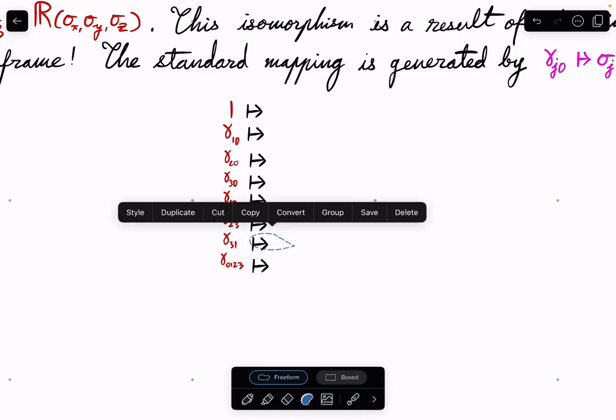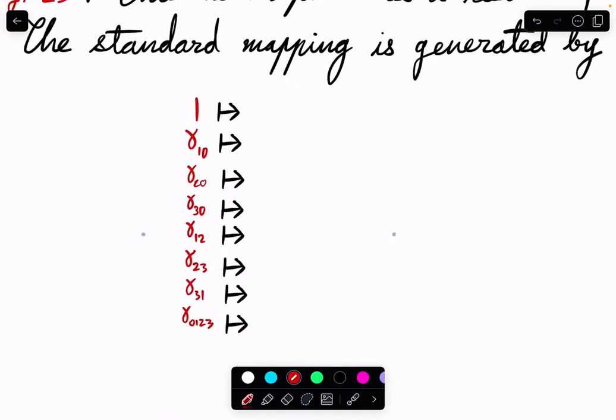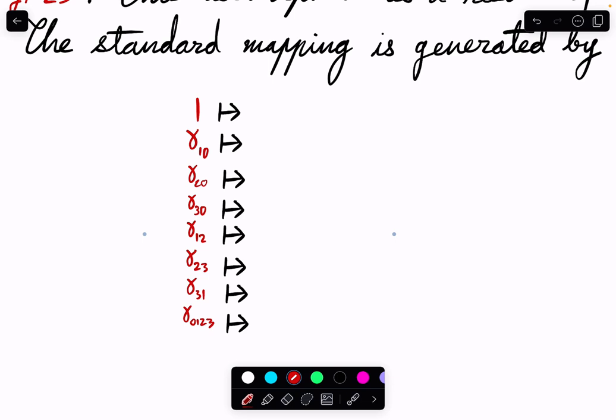So these map to, within the algebra of physical space, 1, sigma x, sigma y, sigma z.